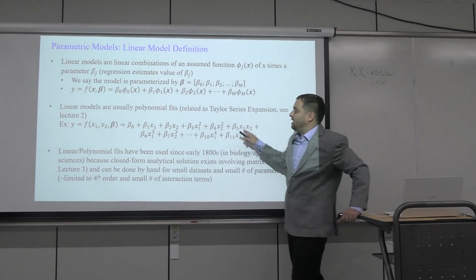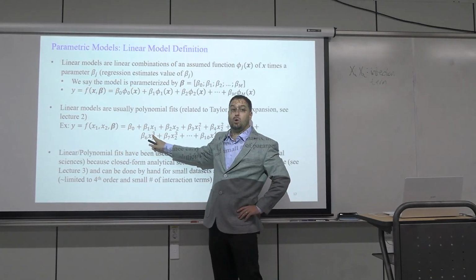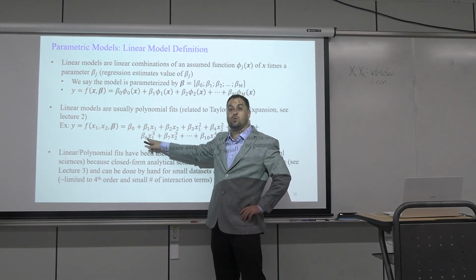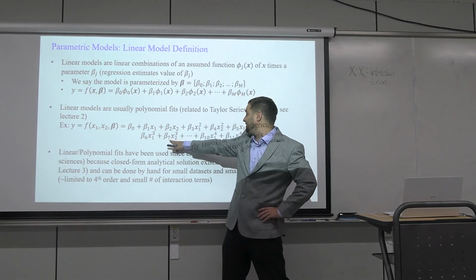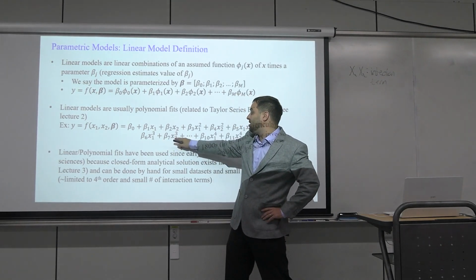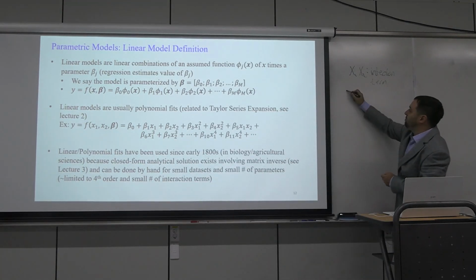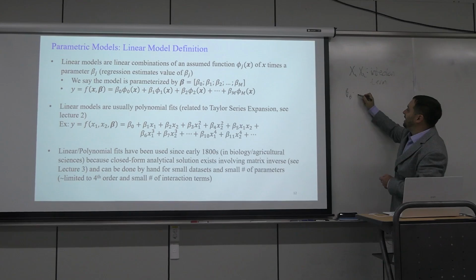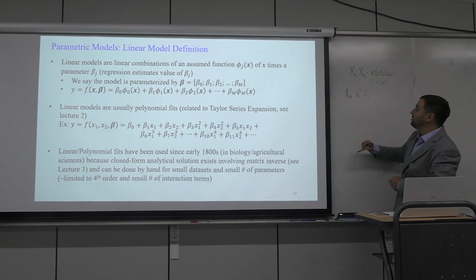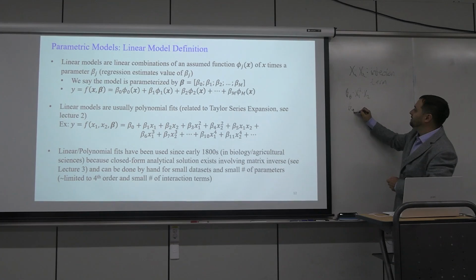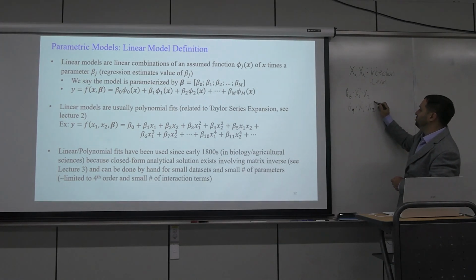Okay, so then plus beta 6 times x1 cubed. This is the third order polynomial, plus beta 7 times x2 cubed. Now there would also be the interaction terms. For example, there could be beta 8 times x1 squared times x2, and then beta 9 times x1 times x2 squared.